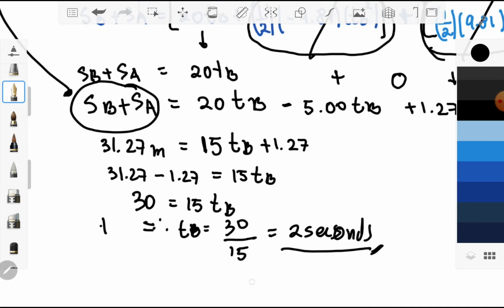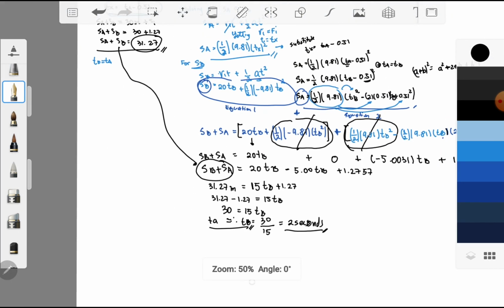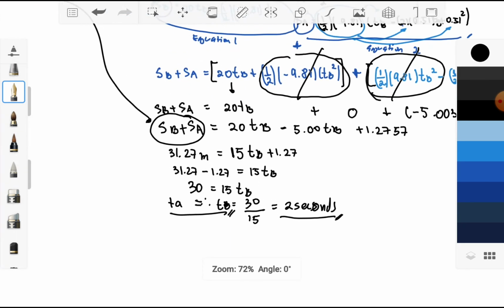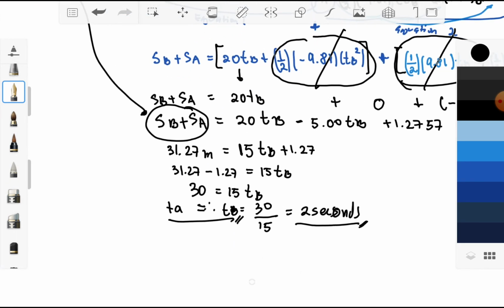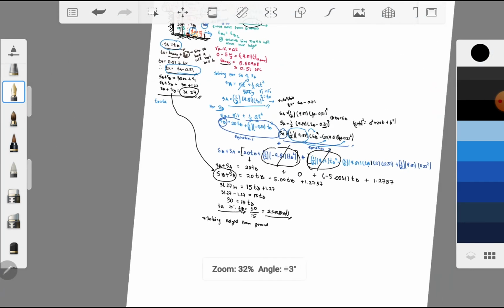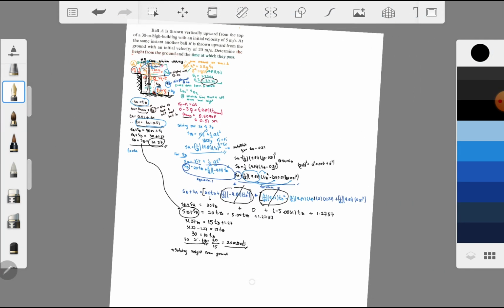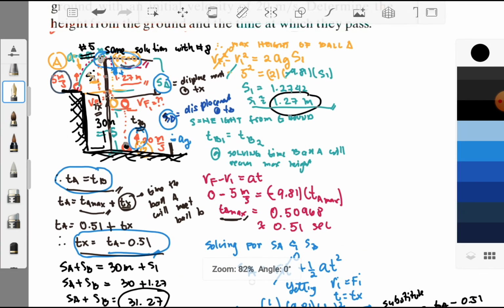So wherever you solve it, if you substitute, you will still get the value of the height from the ground later on. So, solving for the height from the ground, how will we solve it? So, technically, this is it, right?